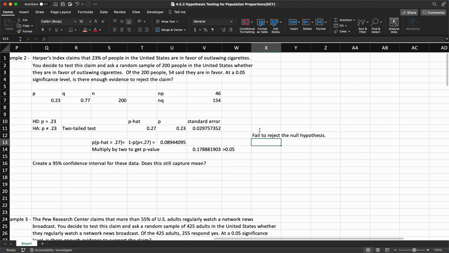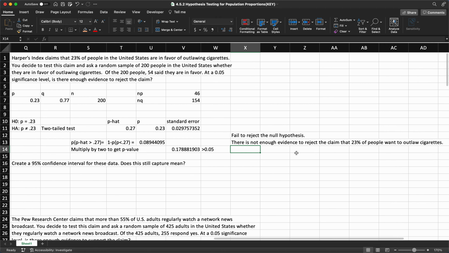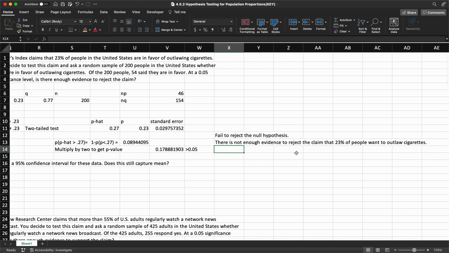And so Harper's Index, the claim that they made, there is not enough evidence to reject the claim that 23% of people want to outlaw cigarettes. I just don't have enough evidence to say that what Harper's Index claimed is wrong.